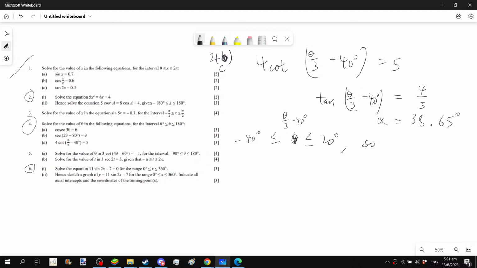Afterwards, I will minus everybody by 40 degrees, which then gives us between negative 40 and positive 20 inclusive. Now, having said that, we will then go on to say that the bracket can give us a few different values.